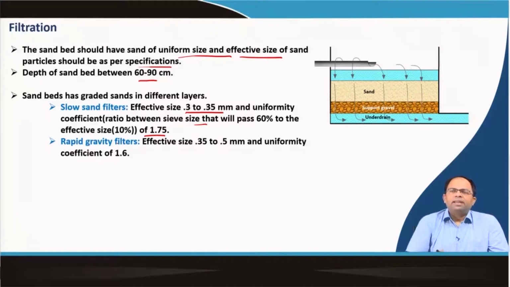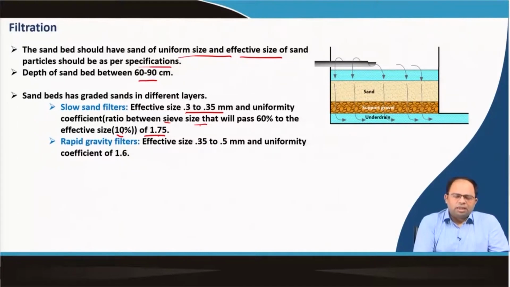Effective size means that most of the sand is of a particular size, around 90%, because 10% actually refers to 90% of the sand being of the same size, right? And the ratio between the sieve sizes is the uniformity coefficient, which is around 1.75.